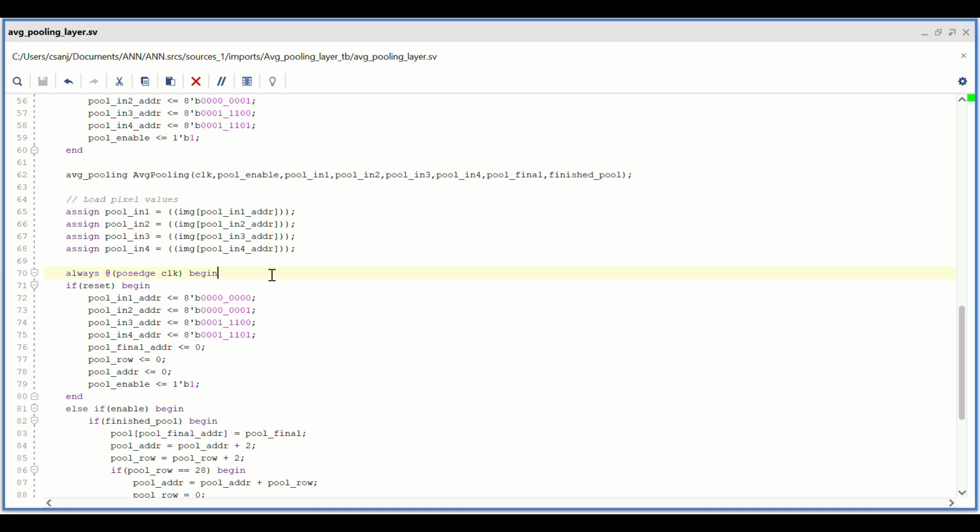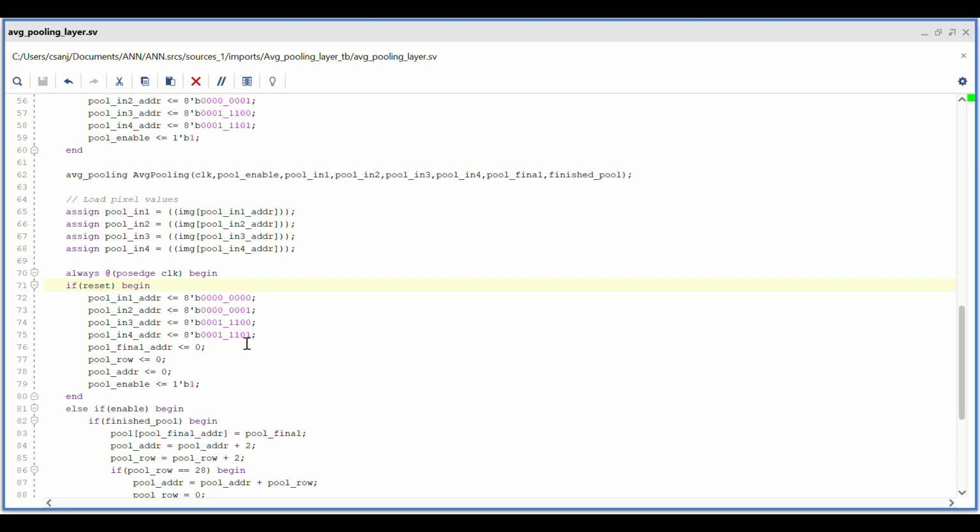If you know the address, it's quite easy. This image is basically acting as a memory. In that memory, you know the address, you take out the value from that memory, and then you pass it onto the average pooling module. So all these pixel values are loaded into the average pooling module, and then finish pool is asserted. That means done is asserted, and the output is stored in pool final. That is sent back to this parent module.